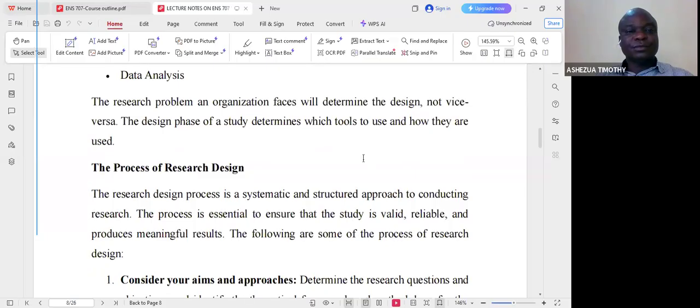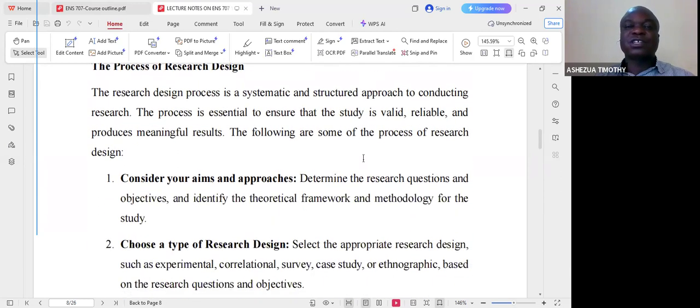Now, the process of research design. The research design process is a systematic and structured approach to conducting research. The process is essential to ensure that the study is valid, viable, and produces meaningful results. So the following are some of the processes of research design.